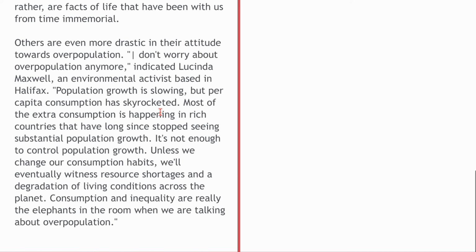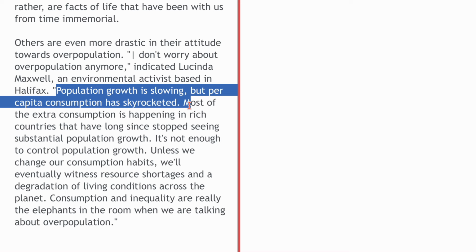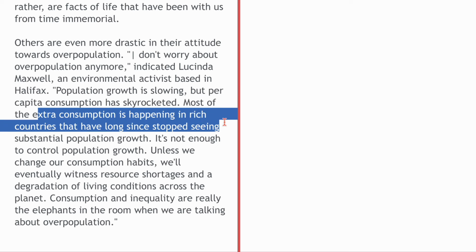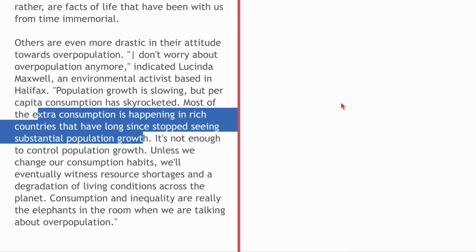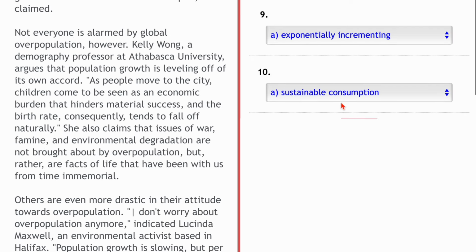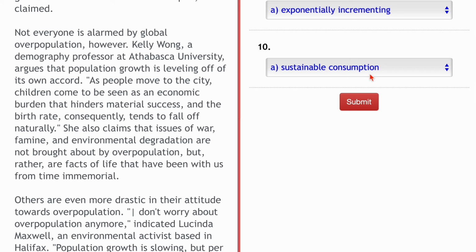She did talk about the rich countries that consume the most per capita. Okay, she did say that. Extra consumption in rich countries. So they need to sustain their consumption.